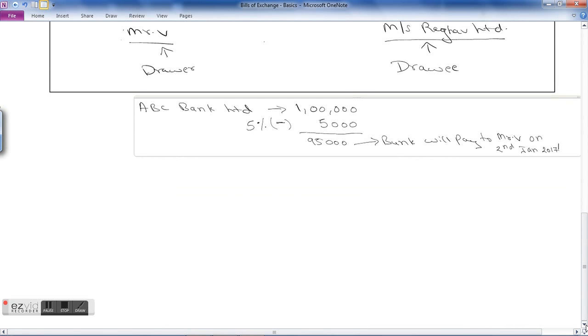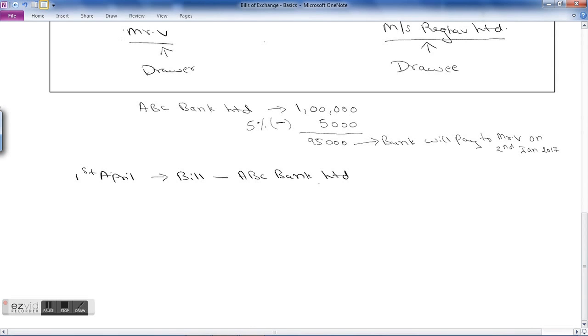So on 1st April, okay, 1st April is the due date. 1st April, the bill will be with the bank. Okay, this bill, it will be with ABC Bank Limited. So what will the bank do? Bank will approach Messrs. Raghav Limited and collect rupees 1 lakh.